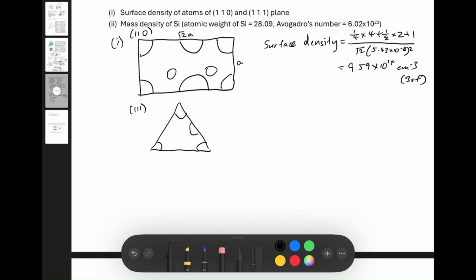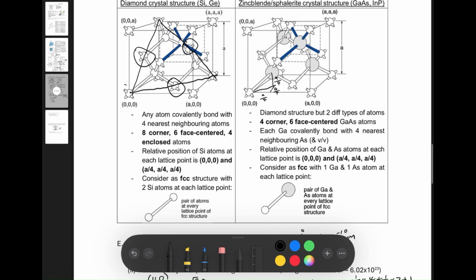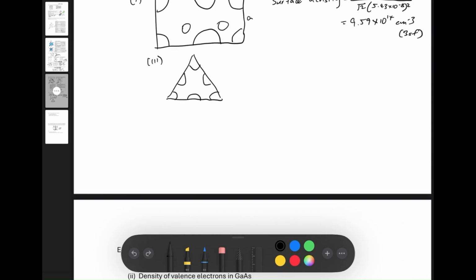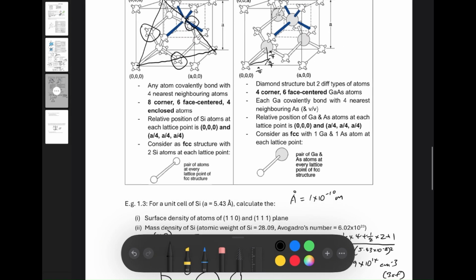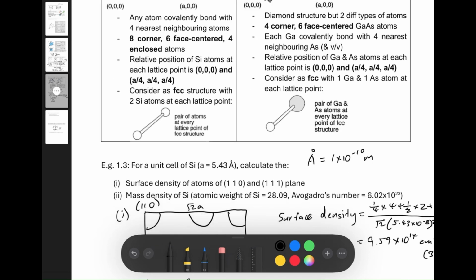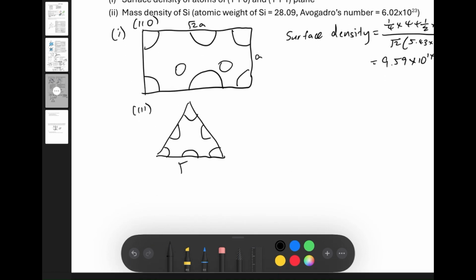So here are the 3 corner atoms. You see these corner atoms. So actually only 1/6, or 60 degrees, because this is an equilateral triangle, right? So we know that each side is equal to root 2a.